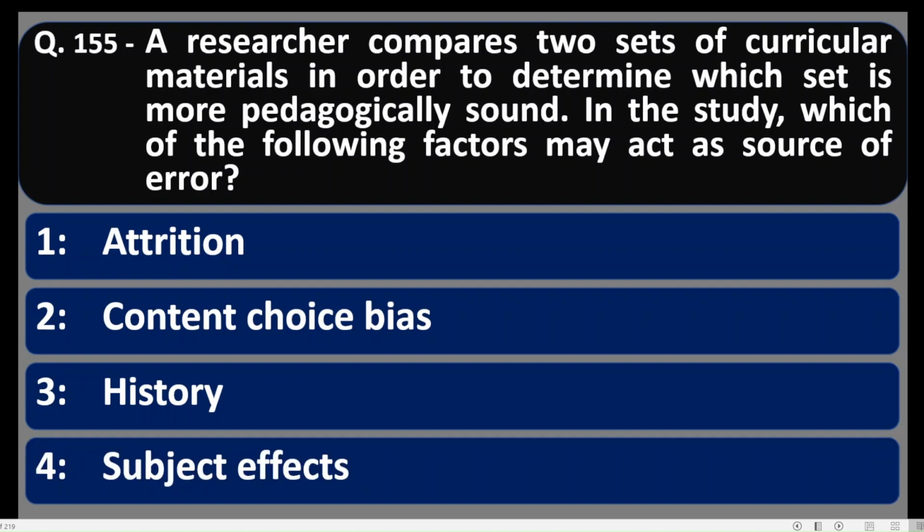Number 4, subject effects. The correct option is content choice bias. It will act as a source of error while comparing curricular materials to determine the more pedagogically sound curriculum. If content is not chosen properly, then error may be there. So content choice bias is the source of error in this situation.